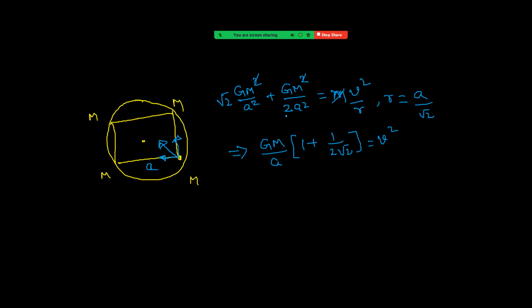Cancel, 1 by 2 root 2. So gm by a into 1 plus 1 by 2 root 2. That is now velocity. Or v equal to gm by a into 1 plus 1 by 2 root 2, whole power 1 by 2. Right? That is the final answer.